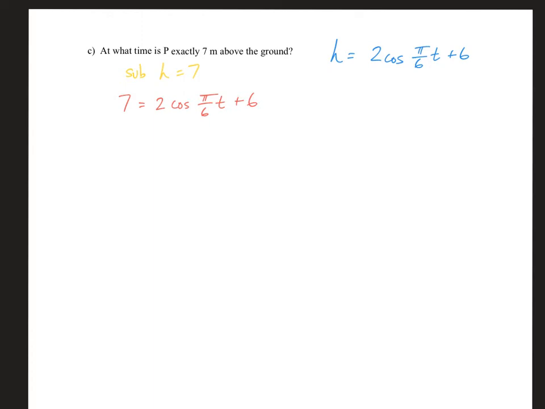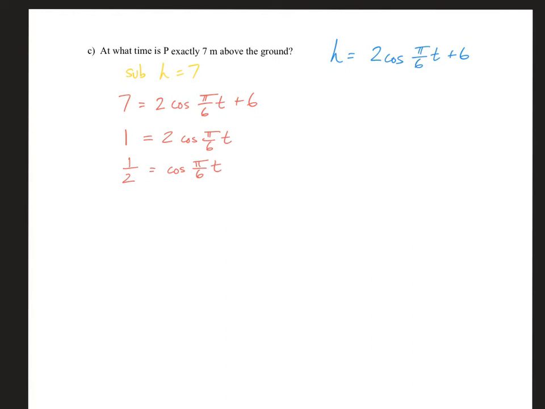So we notice where our variable is. It's inside our ratio, so we have our trig equation. That means that I want to isolate it, so let's get rid of that plus 6 at the end by subtracting 6. We can then divide out the 2, and now you have a cos equals 1/2.